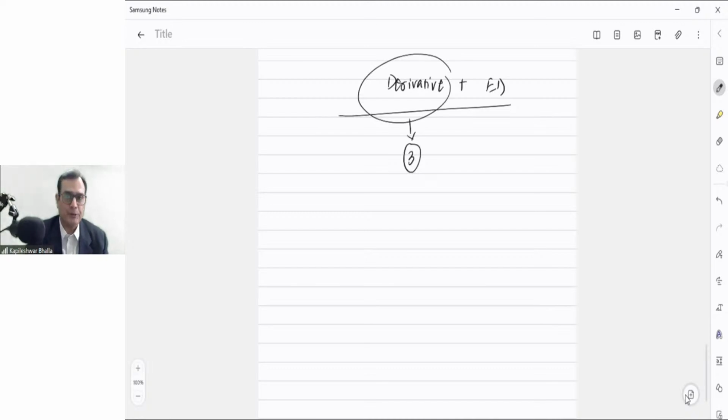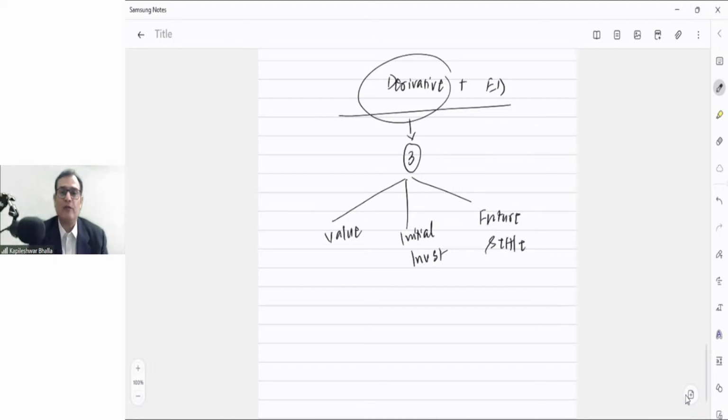Number 1, the value of the derivative depends upon the underlying asset value. Second, there is no initial investment, it's either negligible or supposed to be 0. And number 3, there is going to be a future settlement of this contract. The settlement of this derivative takes place at a future date.